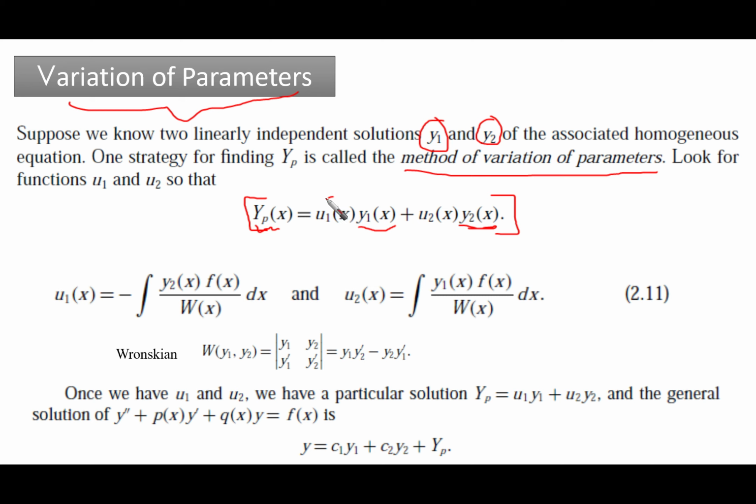But there is something new that we have added here, which is a function called u1 of x, and another function called u2 of x. We know y1, y2 from the solution of the associated homogeneous equation, but we do not know u1 of x and u2 of x. We have no idea about this.